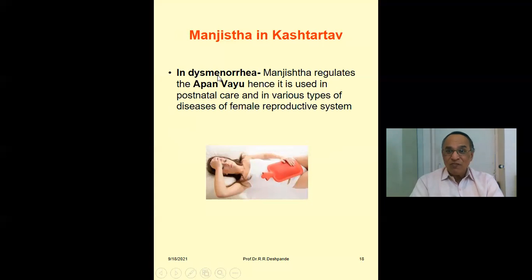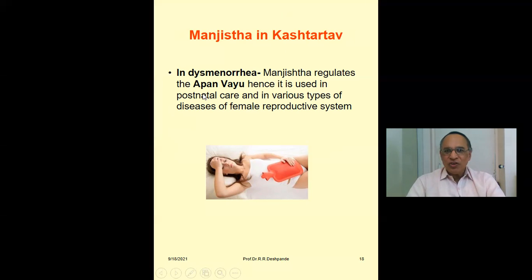There are 5 types of Vata bioenergy: Prana, Udana, Vyana, Samana, Apana. Prana and Udana are in the upper part, Vyana at the heart, Samana in the central part, and Apana at the lower abdomen and lower extremities. So menstrual problems are related with Apana Vayu.